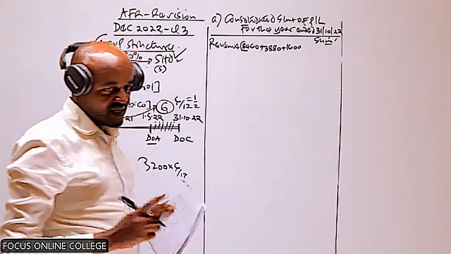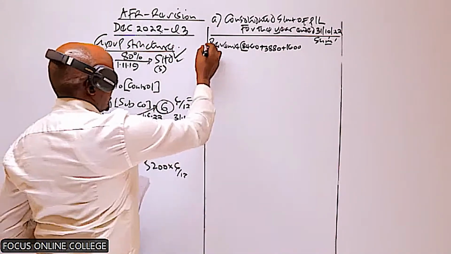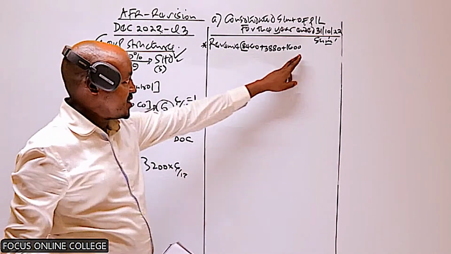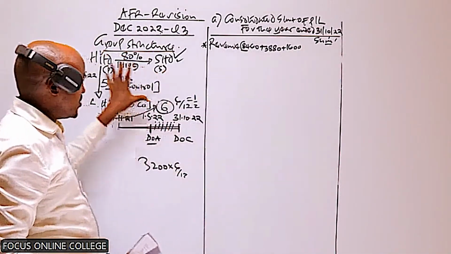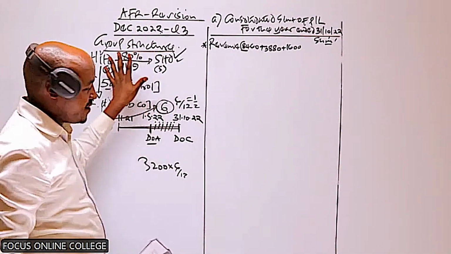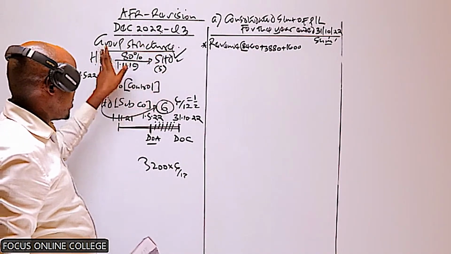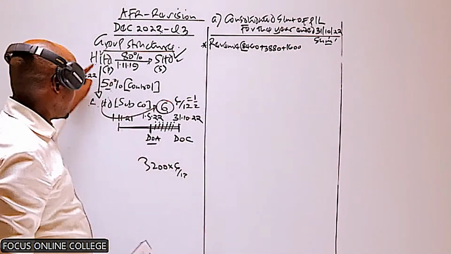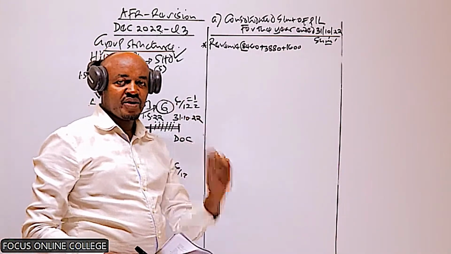Once you come across these group accounts questions, make sure you get this item correct, because the only consolidation adjustment which affects revenue is any sales between the group companies. For example, if you are told there were sales between S and H, or between H and L, you list that there. That is the only adjustment affecting group revenue.